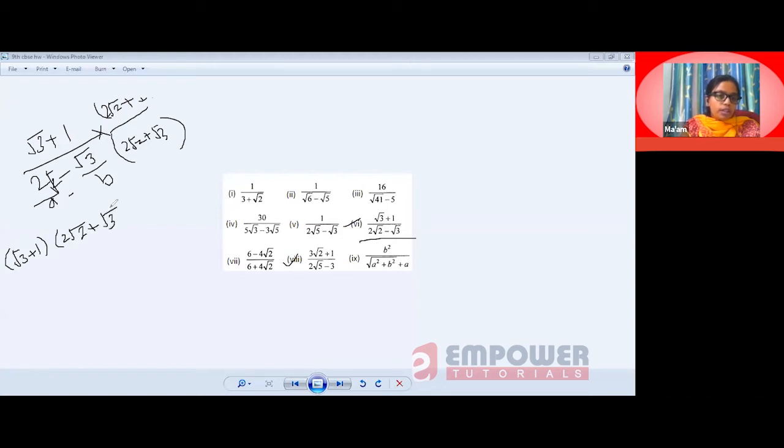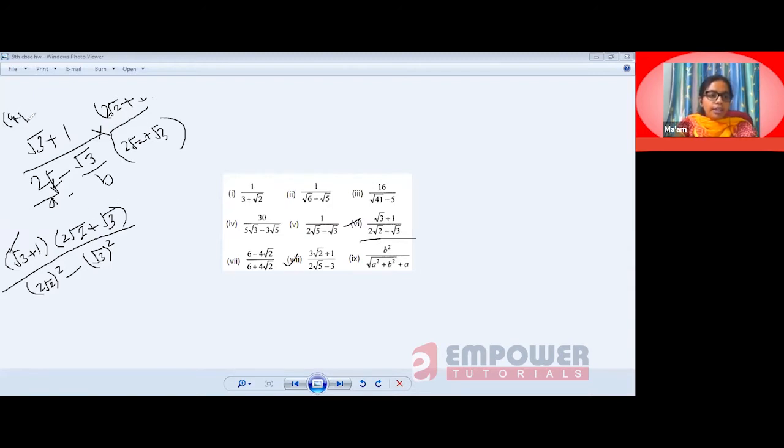Okay. And in the denominator I will have a square minus b square term, that is 2 root 2 square minus root 3 square. So this will be equal to, you have to solve this as, suppose this bracket is a plus b and the other bracket is c plus d, and you are multiplying those two brackets.